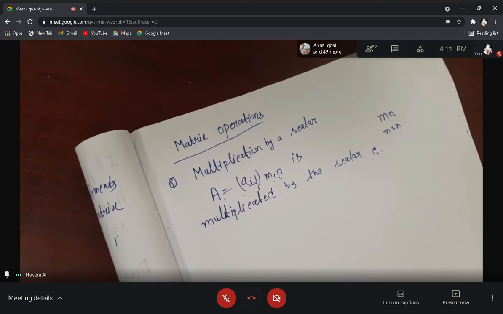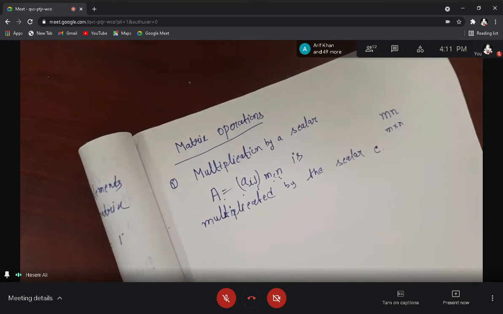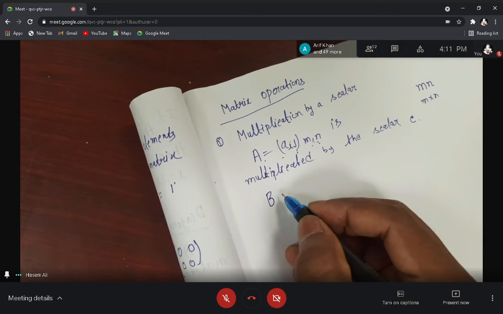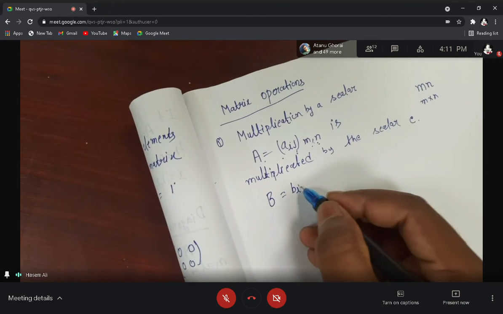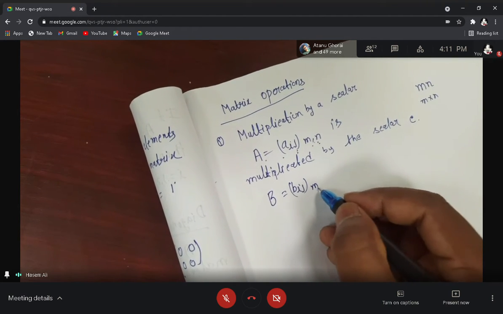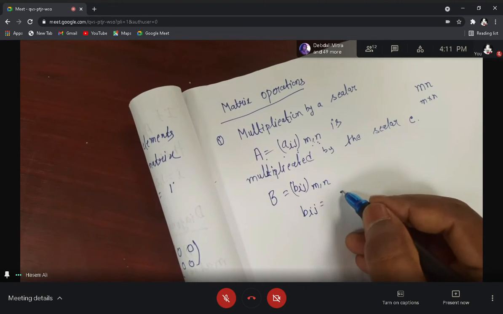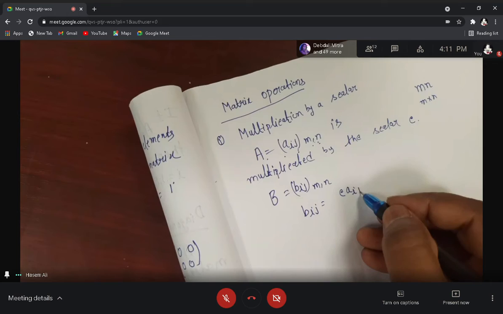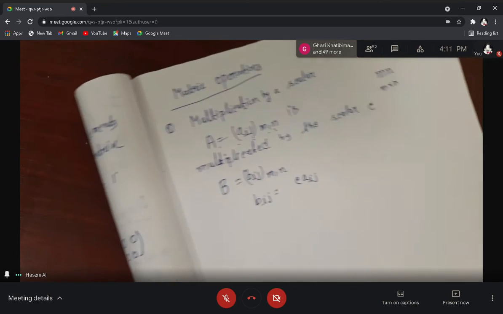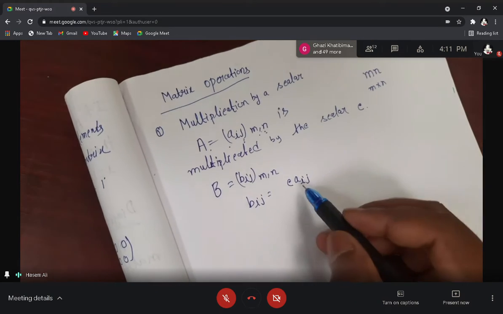Okay, and let we get the new matrix B. B equals to bij of order m by n. Then bij equals to c into aij.